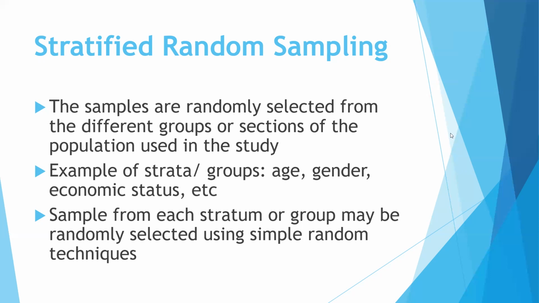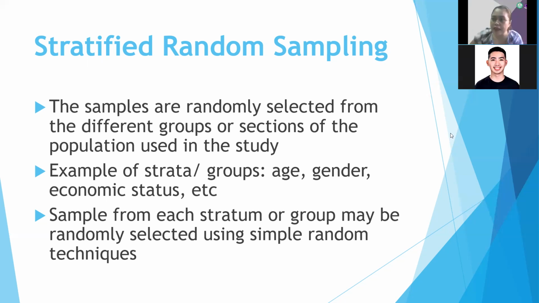Again, this is still under the probability sampling, meaning we are still giving equal chance to all the members of the population to be selected in your study. Now, how are we going to do the stratified random sampling, and how is it different from the simple random? So stratified random sampling class, we are first going to group our population into strata. We call it strata or group.